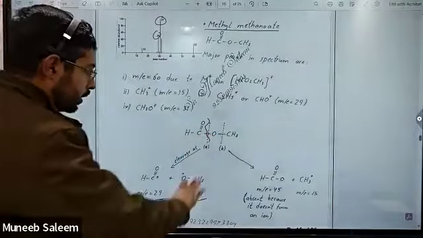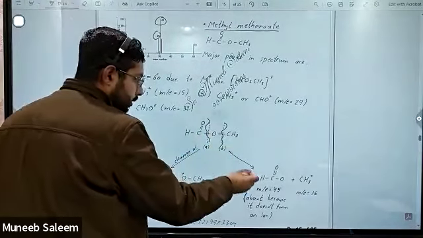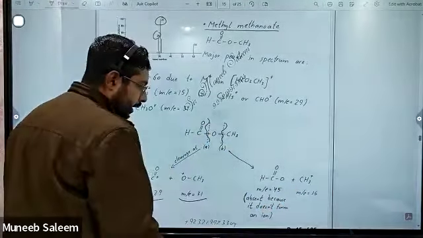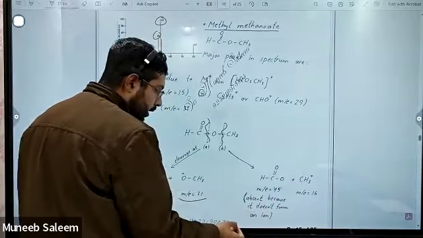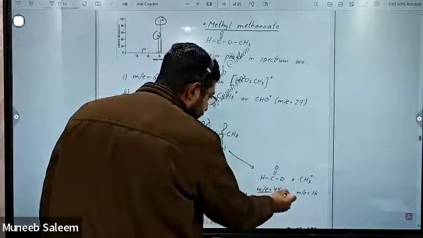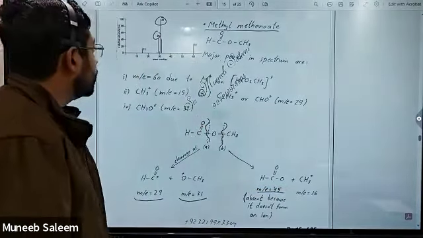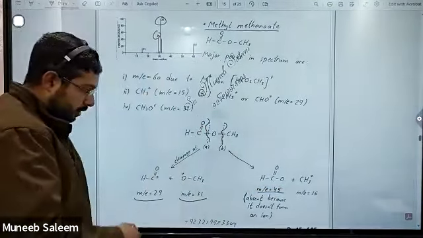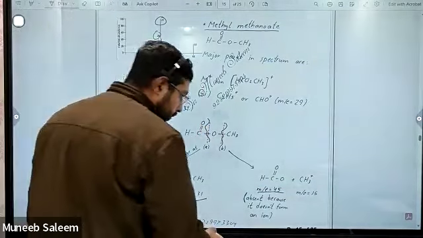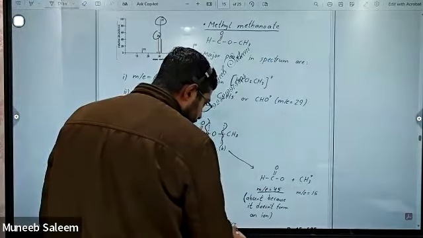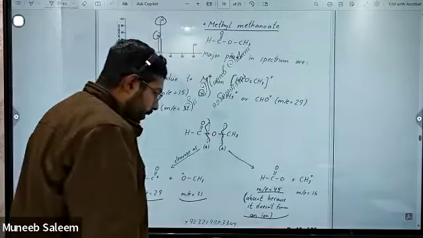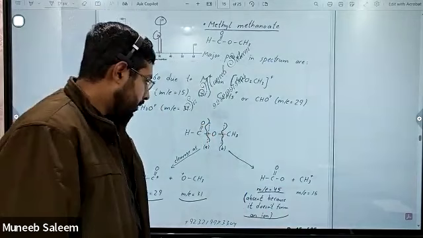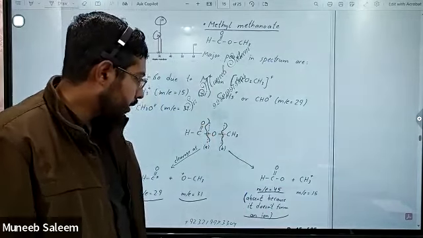And on the other side, when it is cleaved from this point, you get the methyl cation, and the other becomes HCO2, with two oxygen atoms. The m/e value is 45, but it is not indicated in the mass spectrum, which means it is not of good stability, or maybe it is absent because it does not form the ion.